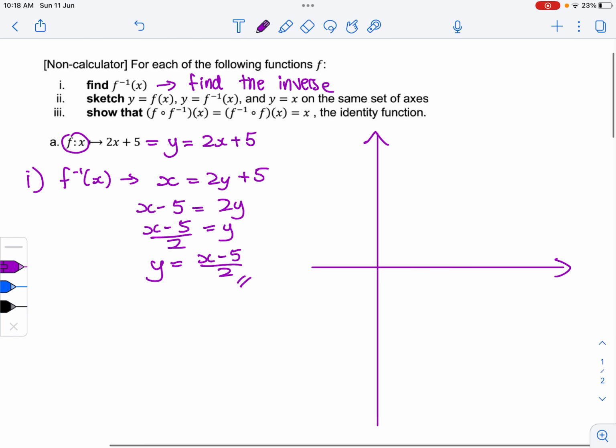So let's say 1, 2, 3, 4, 5. Is that too high? Yeah, I'll make it like this. 1, 2, 3, 4, 5.